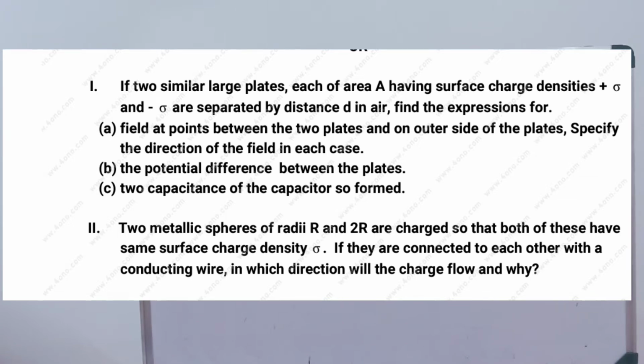B part, the potential difference between the plates, and C part, the capacitance of the capacitor so formed. Again, there is another part for this question. Two metallic spheres of radius r and 2r are charged so that both of these have the same surface charge density sigma. If they are connected to each other with a conducting wire, in which direction will the charge flow and why?